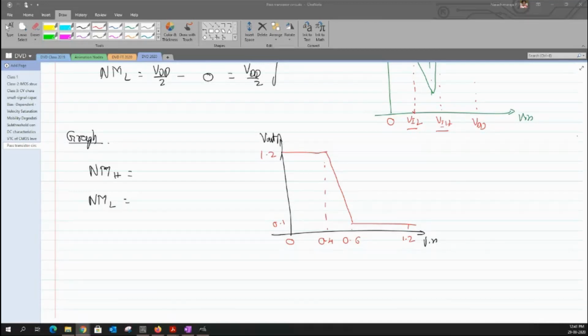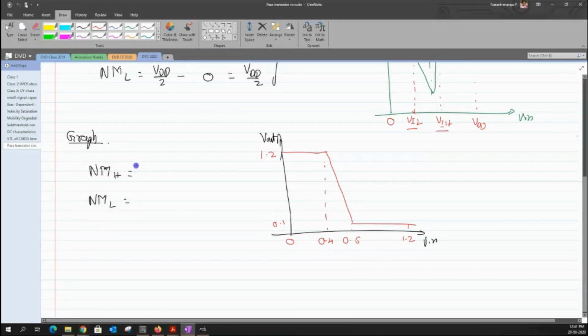Now the way that I'm going to compute is by substituting these values. For NMH we have VOH minus VIH. From this graph, my VOH is equal to 1.2, and my VIH is 0.6. So the end result would be 0.6 volt for NMH.